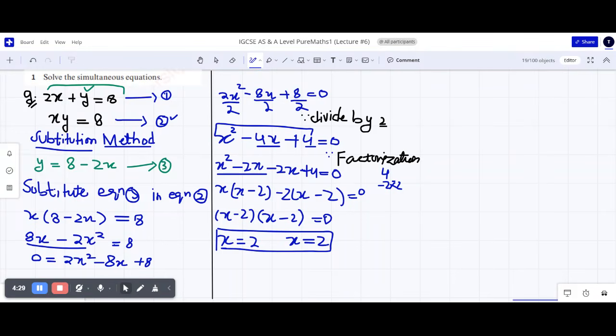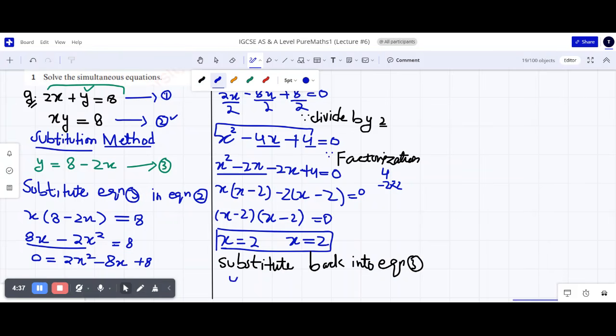Now let's substitute the x values in equation 3 to find y. In equation 3 we have y equals 8 minus 2x. Instead of x we will substitute 2.